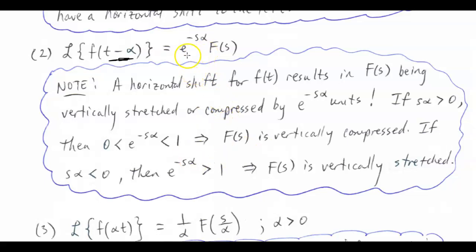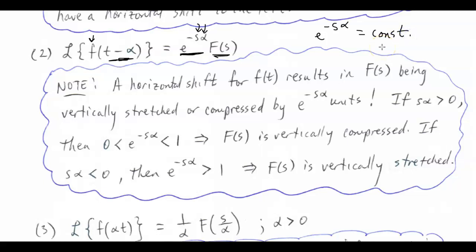What this is going to look like is the Laplace transform of the actual base function, multiplied by a factor of e raised to the negative s alpha. Now, remember that s is a constant and alpha is a constant.